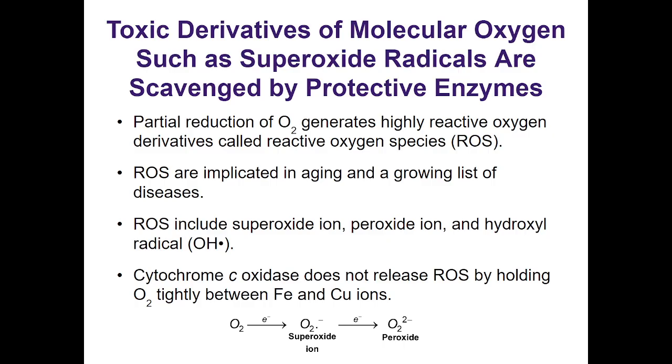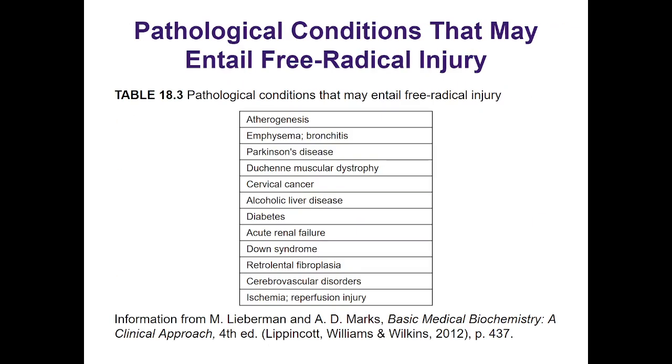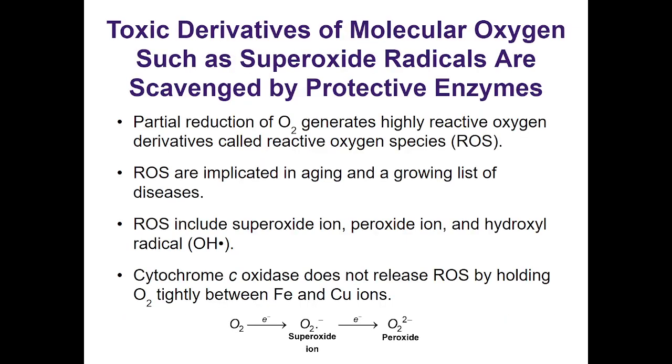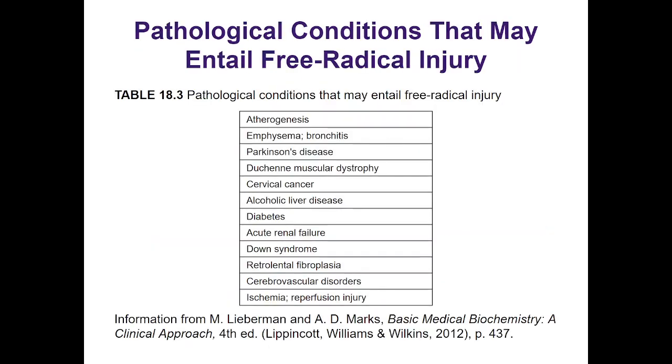Because if those things were released, they would react with just everything in your body, okay? You would get hundreds of intermediates and possible side products, okay? As you learned from the free radical reaction that we did in lab, where we had to put it on ice, right? For the organic peoples.